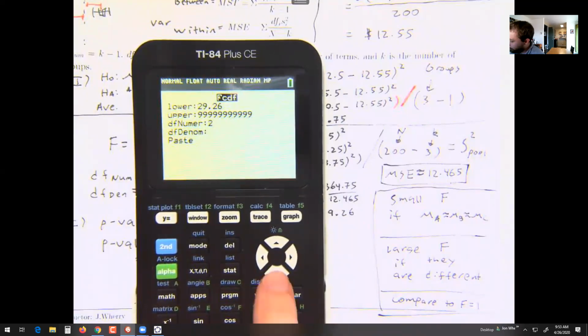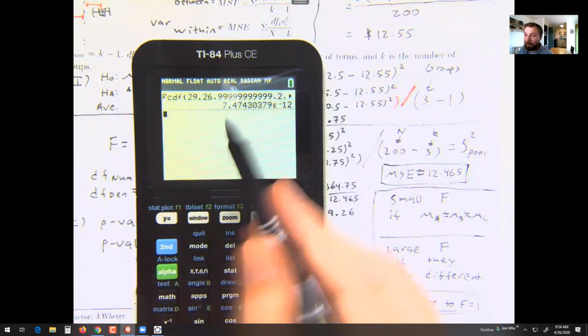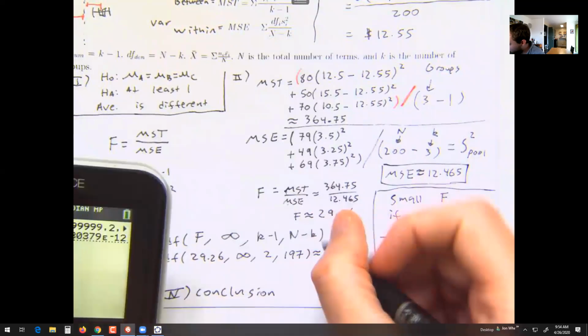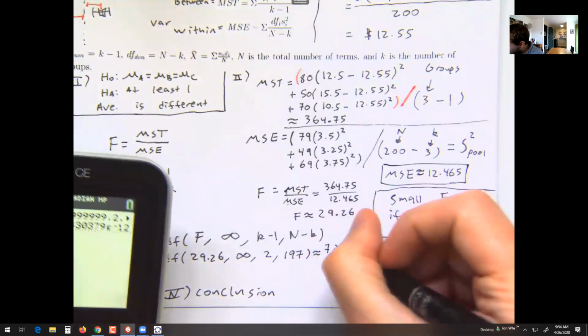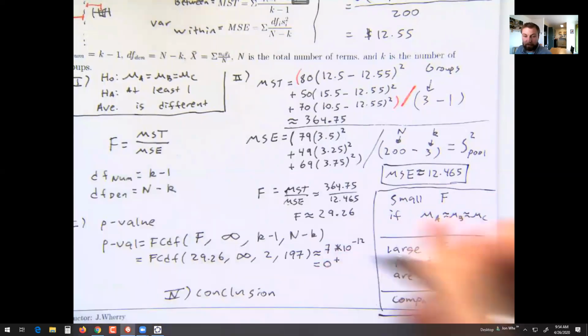My first degree of freedom was 2. My second degree of freedom was 197. And this gives me this E minus 12, which is scientific notation, so that means I'm going to have 11 zeros and then a 7. This is really, really small. 7 times 10 to the negative 12. We'll just call this 0 plus, it's so small.